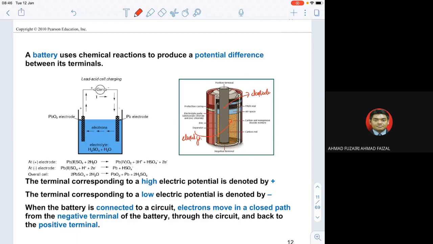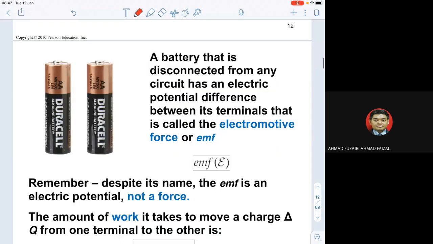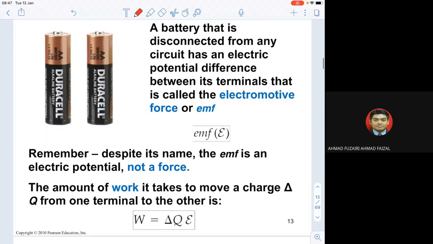Remember one thing: a battery that is disconnected from any circuit has an electric potential difference between its terminals that is called electromotive force or EMF.